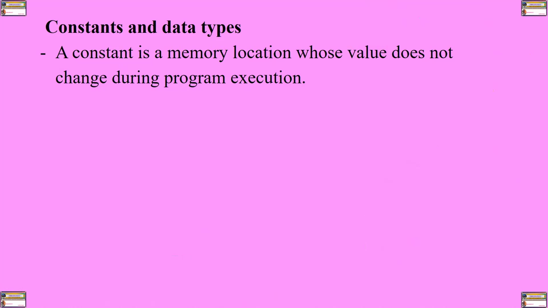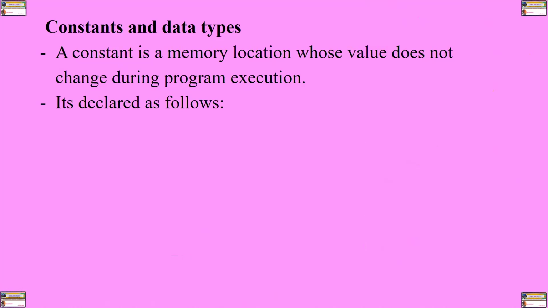But a constant is different. A constant is a memory location that you set aside to hold a value that does not change during program execution. So once you have assigned a value into it, that value will not change during the program execution.